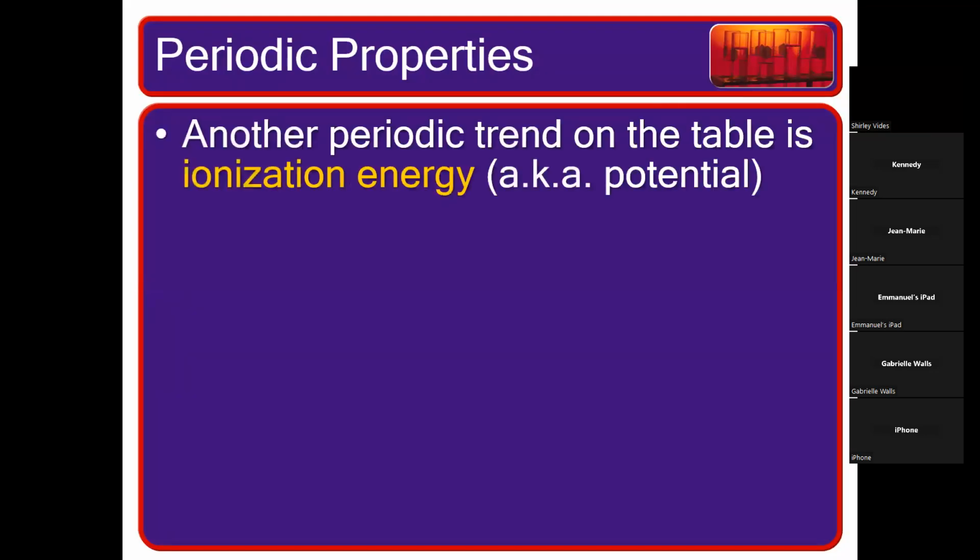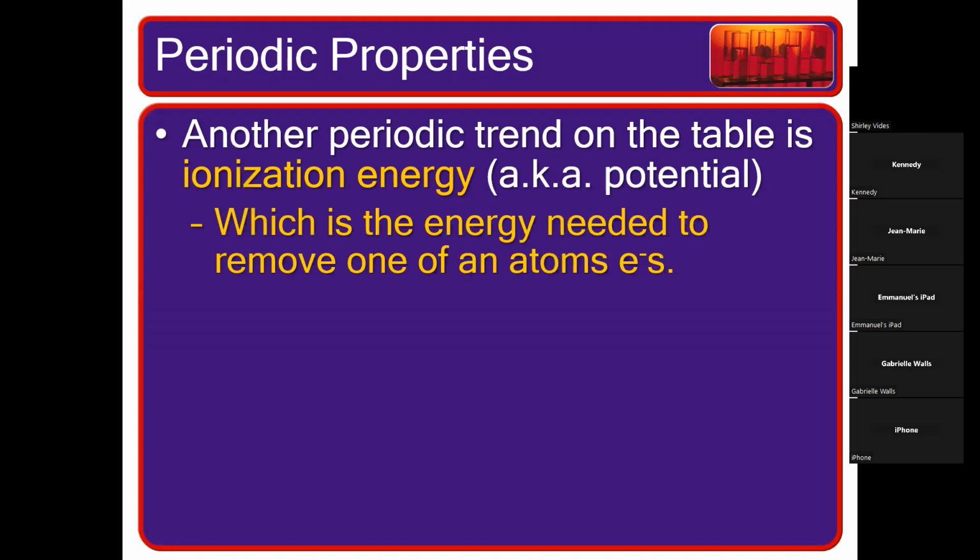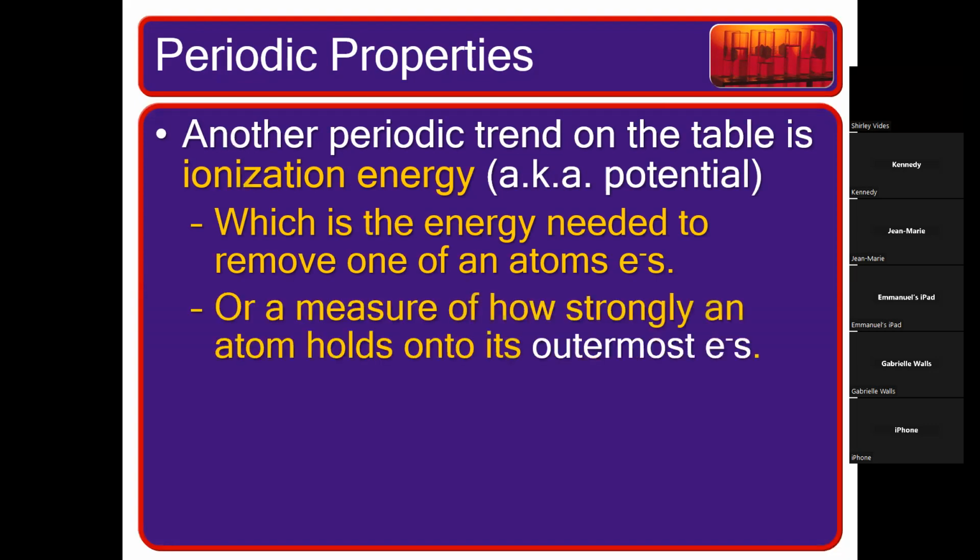Okay, so now the next periodic property is ionization energy. What is ionization energy? It is the energy needed to remove one of an atom's electrons. Or if you want to look at the reverse definition of it, it is how strongly an atom holds on to these outermost electrons, okay?